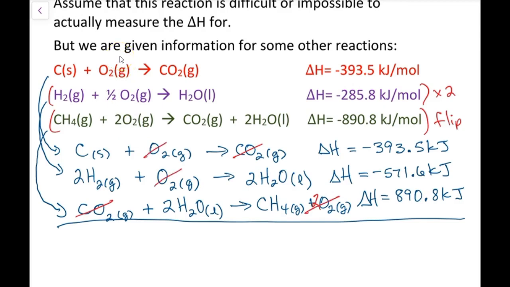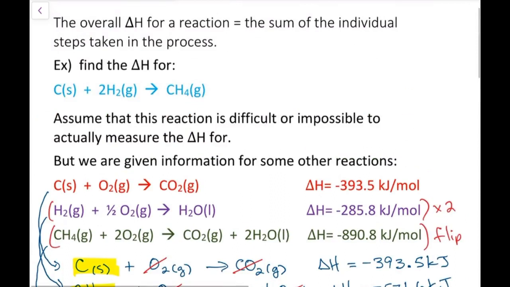But even though they're separate, they would still cancel with the 2O2 I have on the right. And I have 2 H2O liquid on the left and 2 H2O liquid on the right. So it looks like what I have left on the left, the reactant side, is a mole of carbon and 2 moles of hydrogen. And on the right, on the product side, I have a mole of CH4. And if I look at my overall balanced equation, that matches, right?